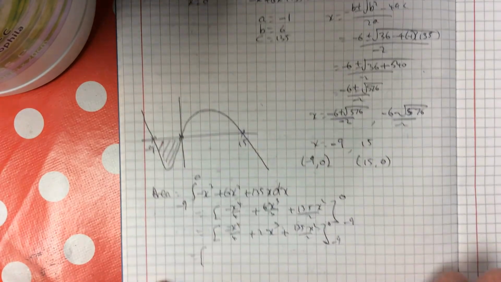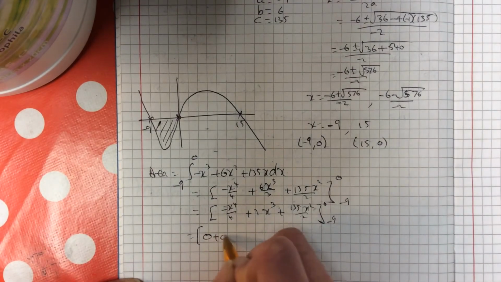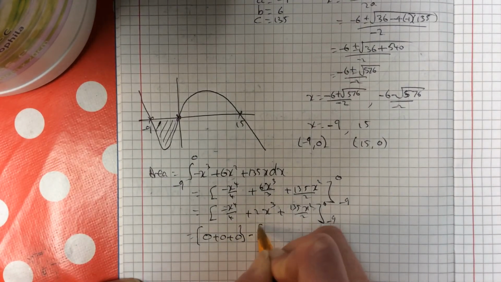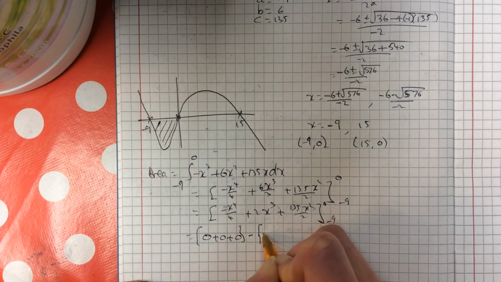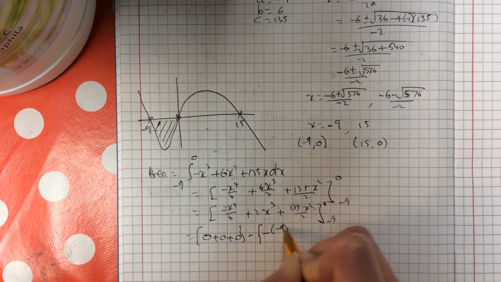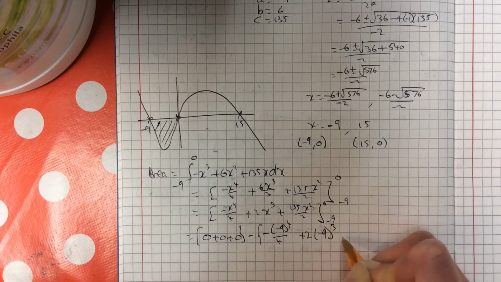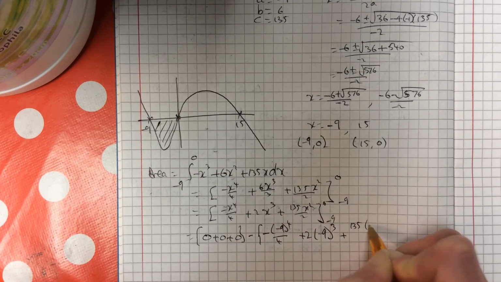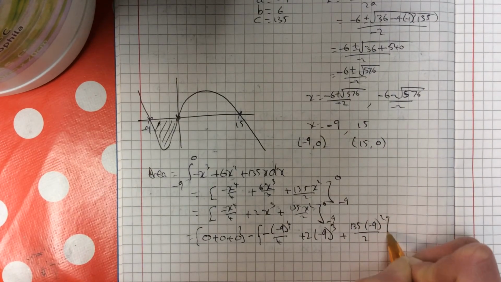Now remember what I said earlier, don't be tempted to leave out the 0. Sub your 0 in, then take away when you sub in your 9. And it's a minus 9, so we need to watch your signs here. So it's minus 9 to the 4 over 4, plus 2 times minus 9 cubed, plus 135 times minus 9 squared over 2.